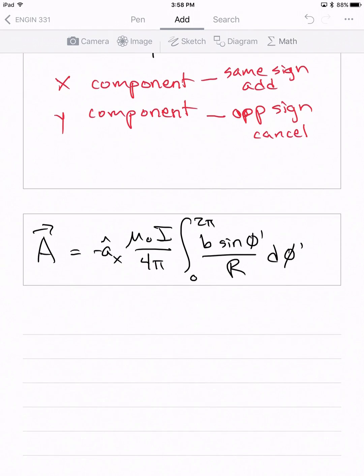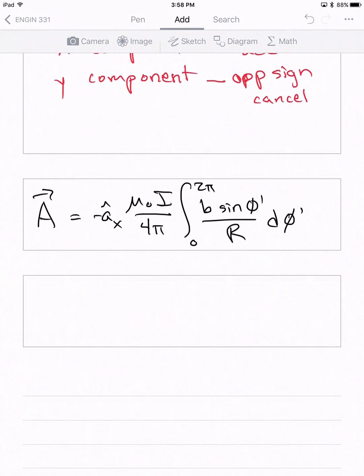Now, we've already made the symmetry argument that whatever we find here is true everywhere, and we just have to generalize to all values of unprimed phi for all the observation points. What that means here is that we have to convert this x-directed unit vector into its equivalent for whatever the observation point happens to be.